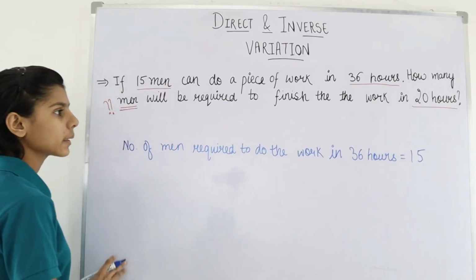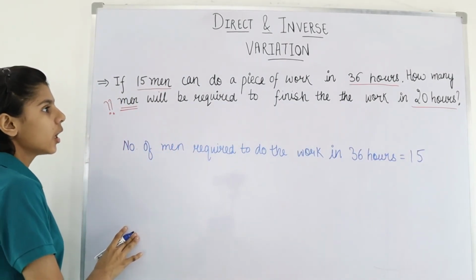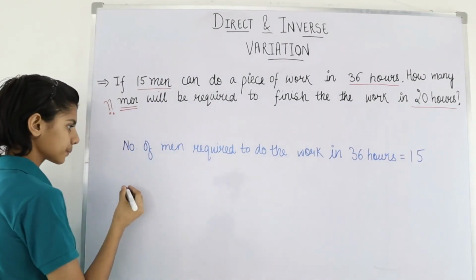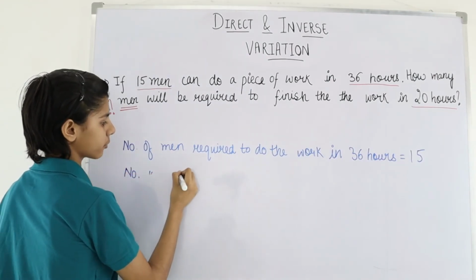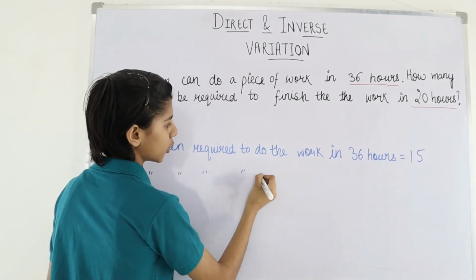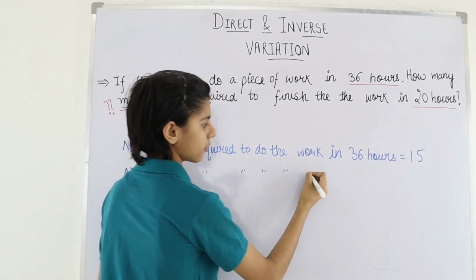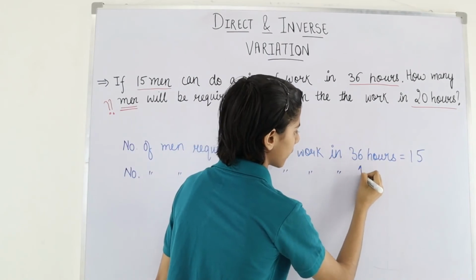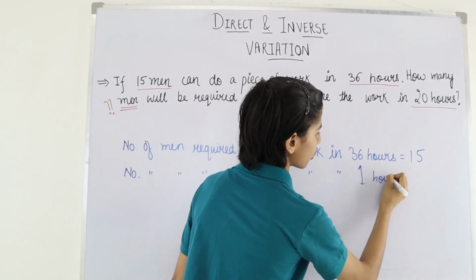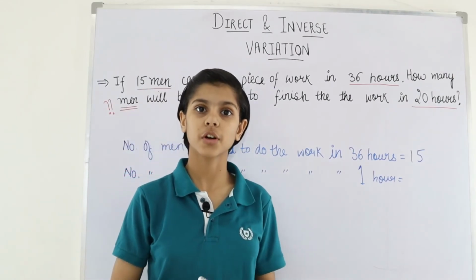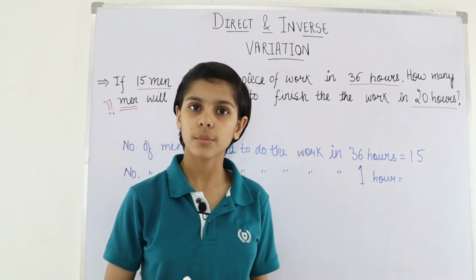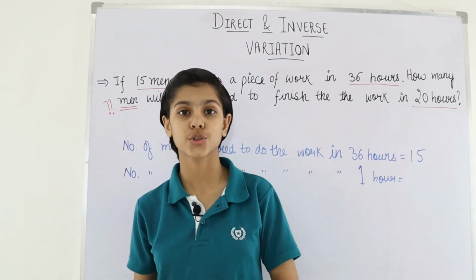So सबसे पहले हम एक घंटे में कितने लोग काम कर सकते हैं. So we will write here number of men required to do the work in 1 hour. So in 1 hour, it is obvious that if we want to finish a work in 1 hour, we need more men, or the strength of the labor should be more.